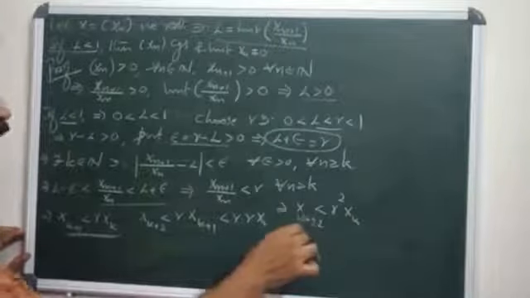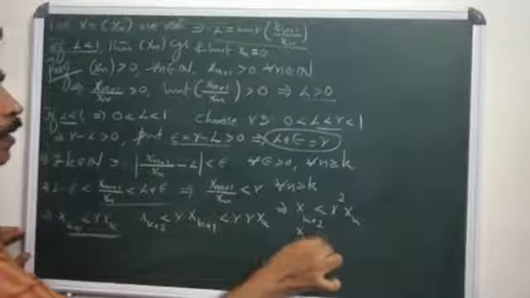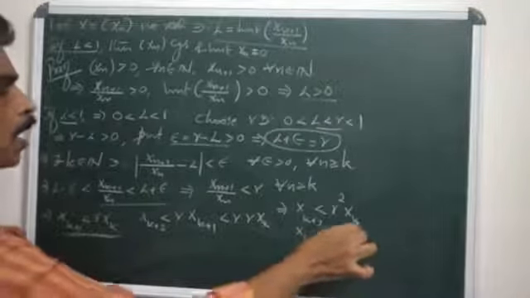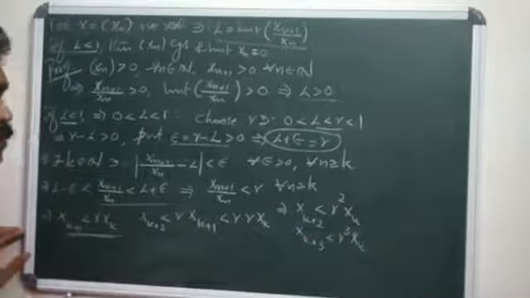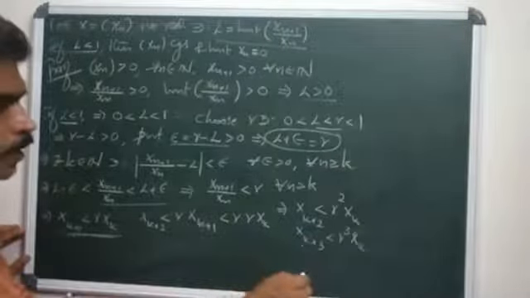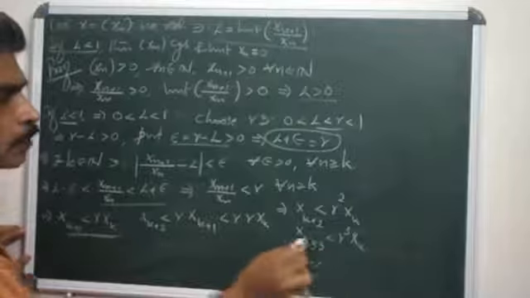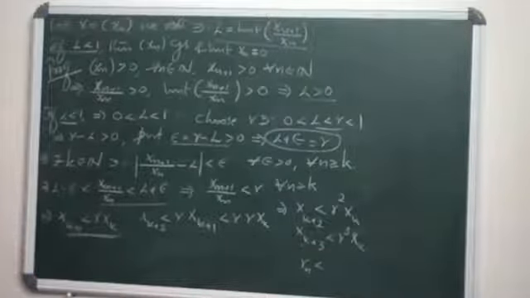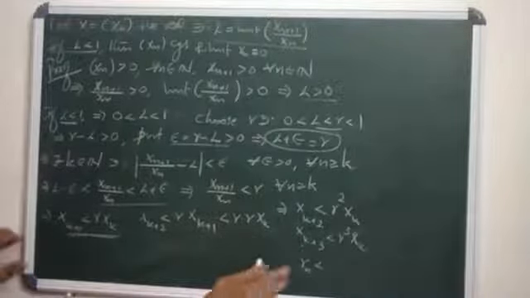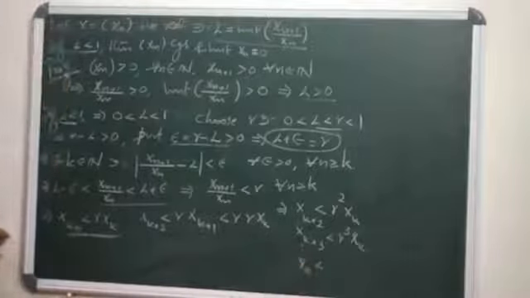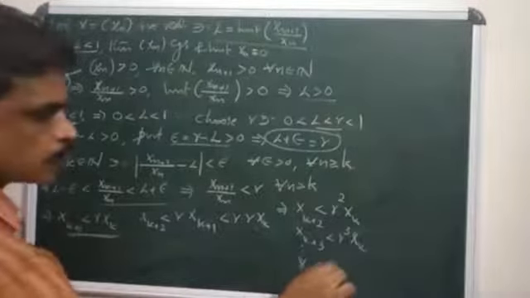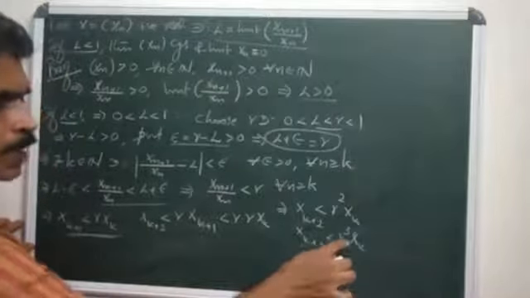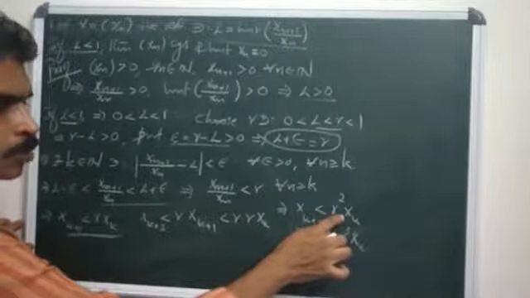Agreed? So what is x_{k+3}? x_{k+3} is less than r cubed into x_k. Proceeding like this, what about x_n? We have x_n strictly less than ... x_{k+3} less than r cubed x_k, x_{k+2} less than r squared x_k.